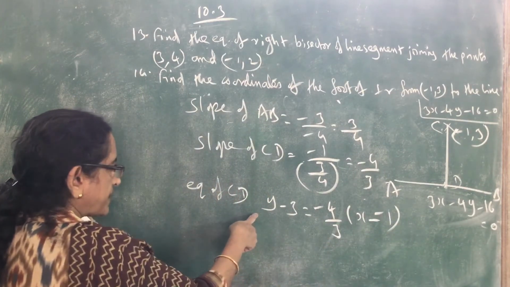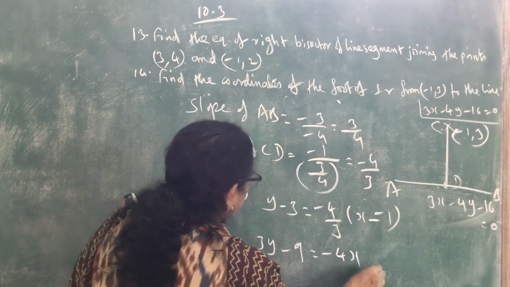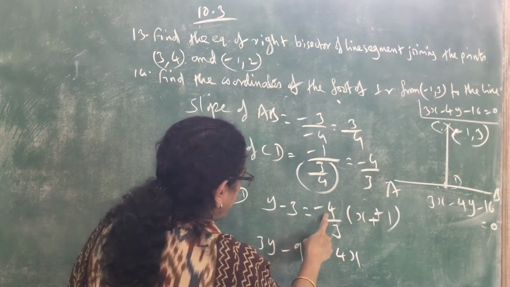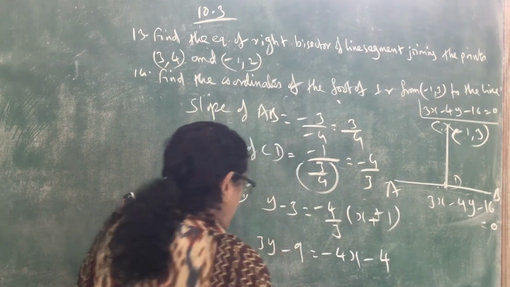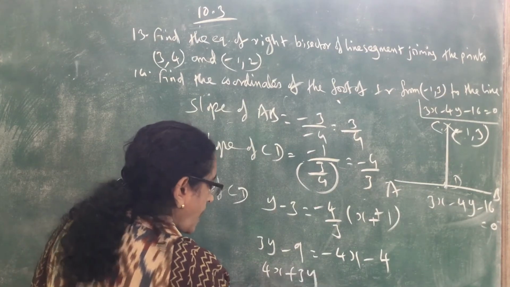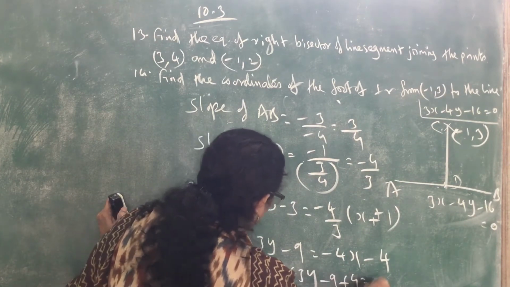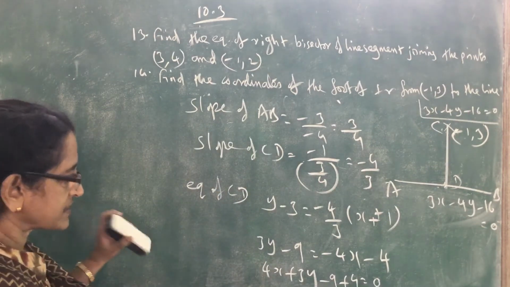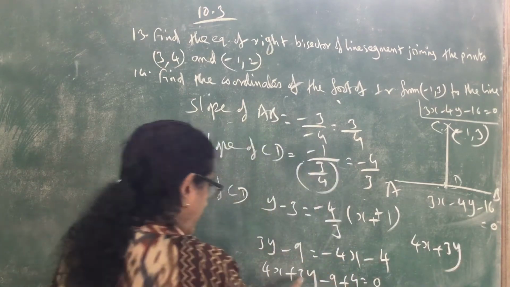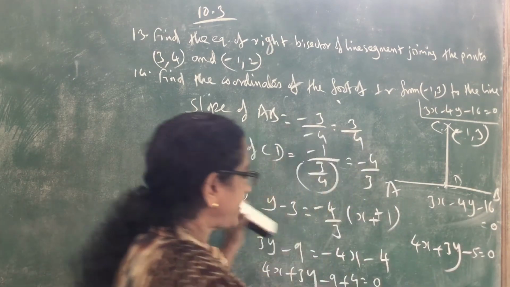Cross multiplying, 3y minus 9 equals minus 4x minus 4. Taking 4x to this side, 4x plus 3y minus 9 plus 4 equal to 0, that is 4x plus 3y minus 5 equal to 0. So that is the equation of CD.